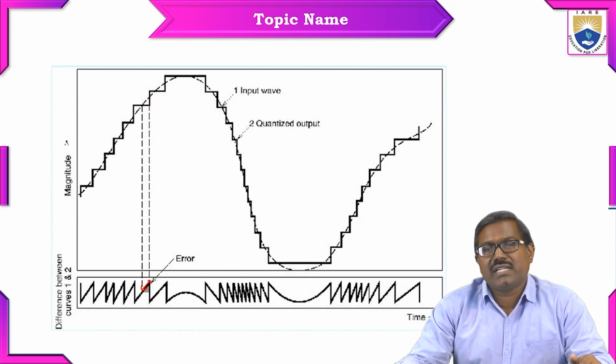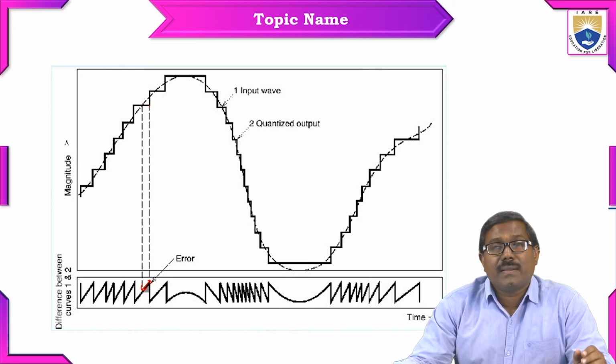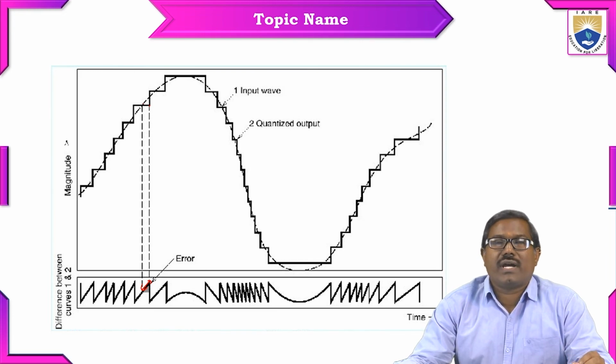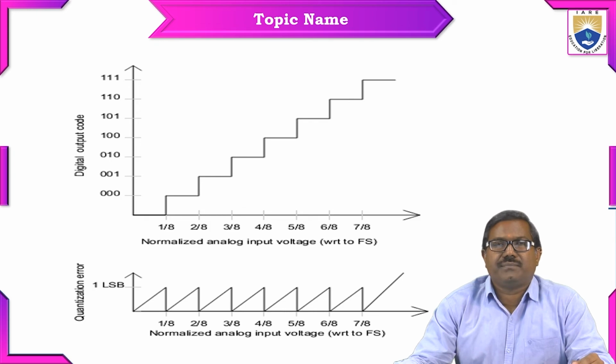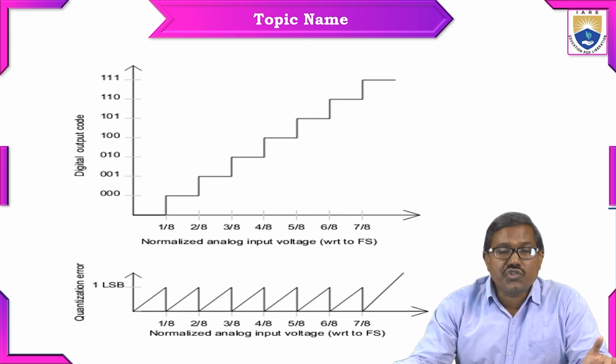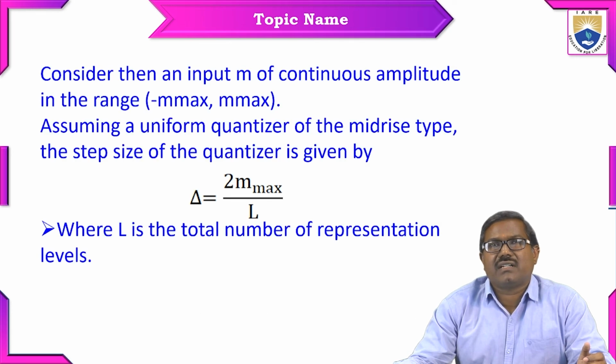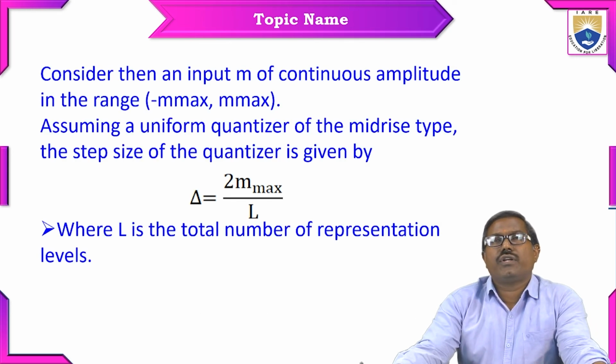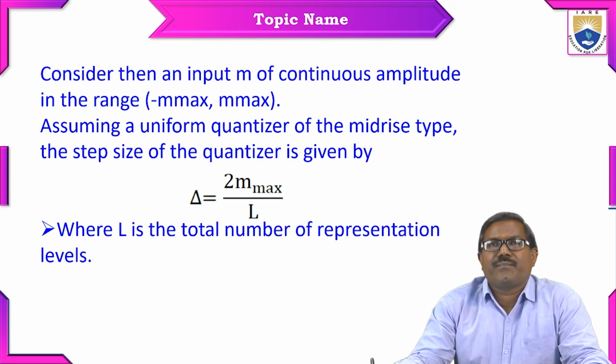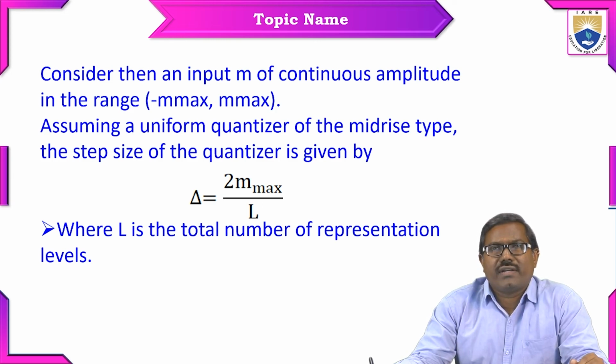This quantization error shows up in the signal to noise ratio of the system. It impacts the signal to noise ratio, SNR. So we are going to calculate this signal to noise ratio.